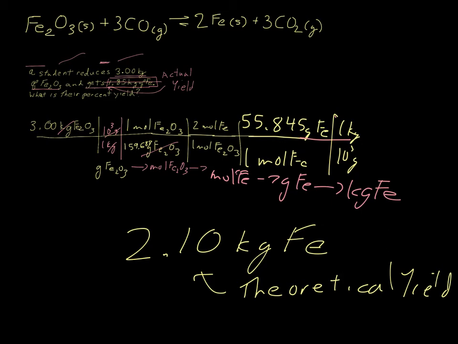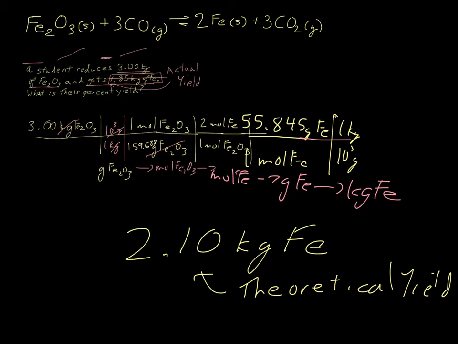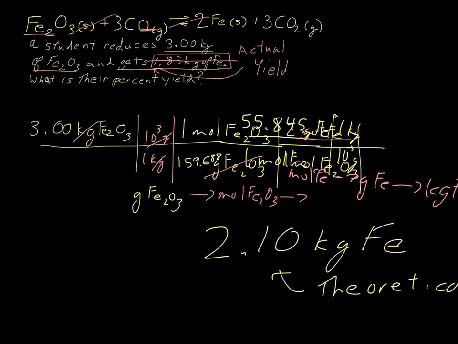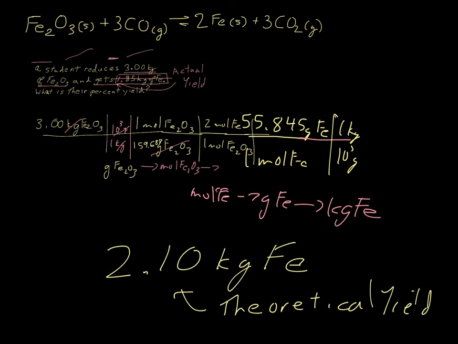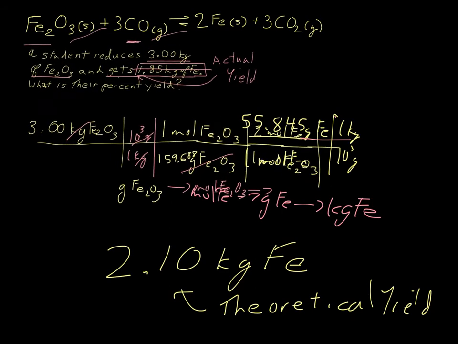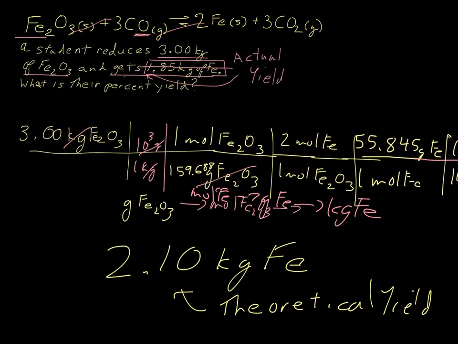So now the problem, blow it back up again here, is asking for percent yield. The problem's asking for percent yield, and remember, percent yield is actual yield divided by theoretical yield. So we can blow up our problem again.